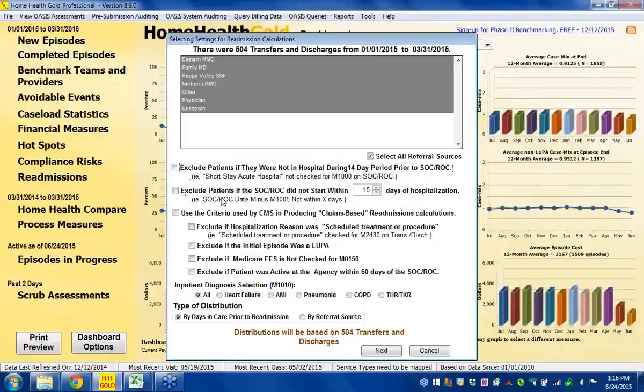I look at these first two pieces as very similar. What you're saying is we'll only count them if they're fresh from the hospital, and we can determine that freshness, I guess, either based on M1000, if that's the way you'd like to do it, or by M1005. If you choose the M1005, you can toggle that up and down to whatever is really the right number for you.